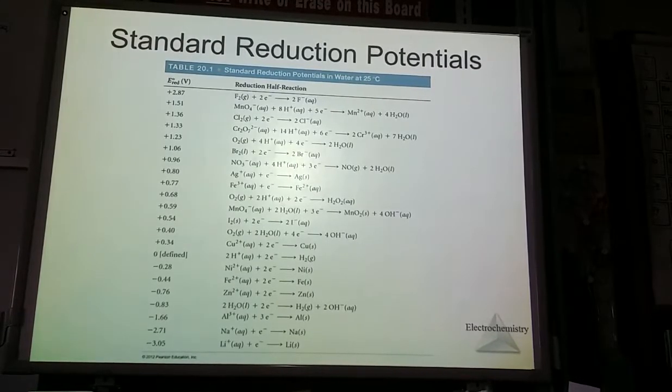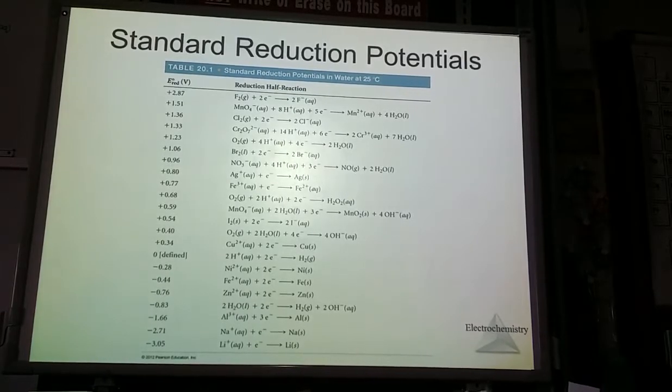Today in class, I handed you a standard reduction potential reference page. This was used all up until last year. They now have said, I do not want AP Chemistry students to have to look up during their test a standard reduction potentials chart. So all of these numbers that you have will be given to you and will be embedded within a question, which is really nice for you.